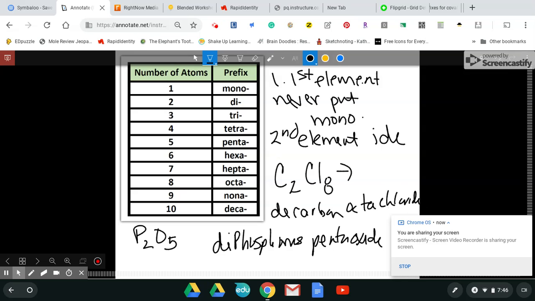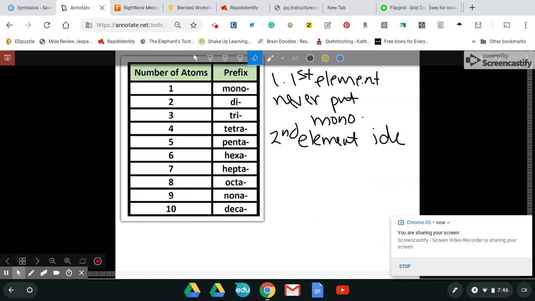Okay. All right. Let me erase this and do some more. Back up. I want you to write the formula. So we're going to do disulfur heptaoxide.